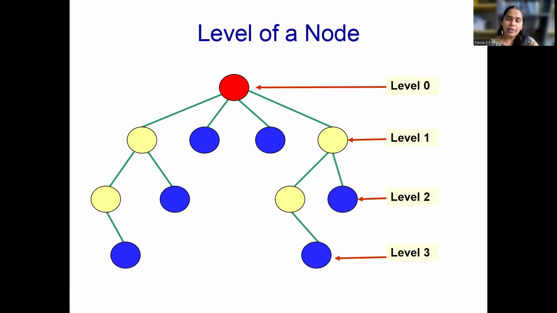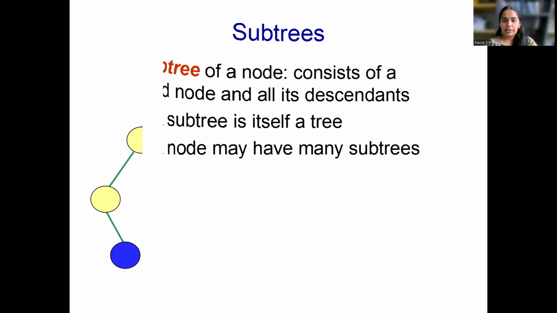They cannot be jumbled. They'll be in the same level. Talking about this particular node, its sibling is shaded in yellow. The nodes which share the same parent are called siblings.